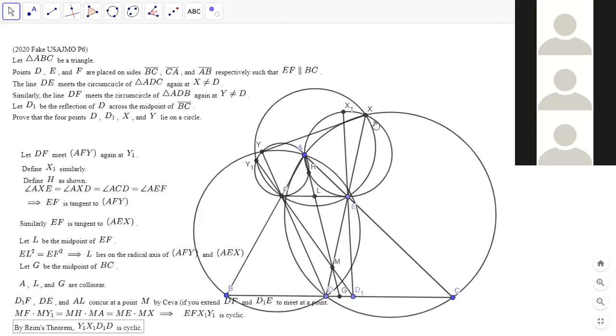By a similar argument, YX1D1D. Oh, because I put ones here.